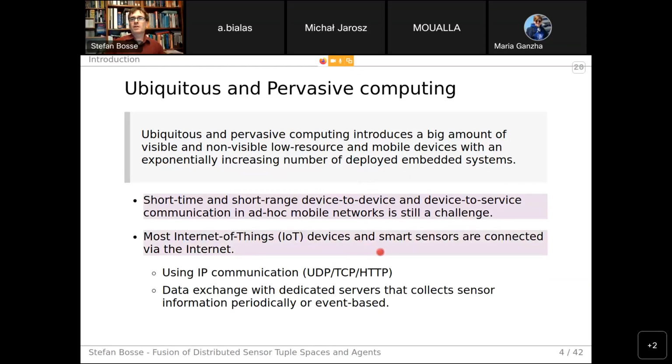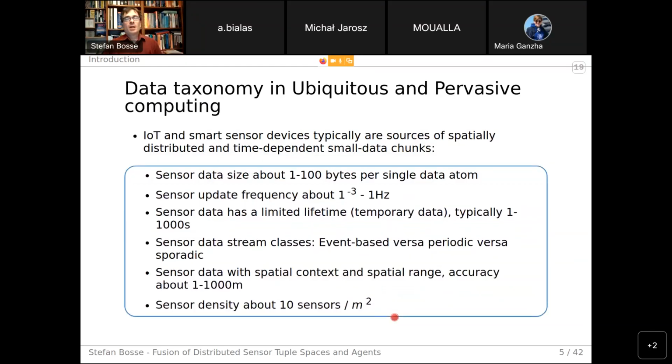Most Internet of Things devices and smart sensors are connected via the Internet. Well-known fact. Using IP communication, UDP protocol, TCP protocol, HTTP, and so on. Data exchange with dedicated servers is performed that collects sensor information periodically or event-based. So this is the state of technology, the state of the art.